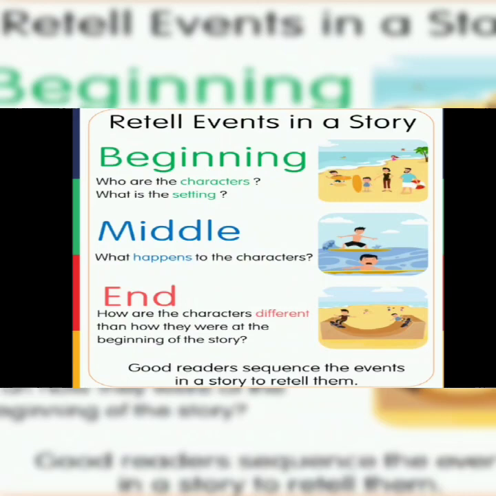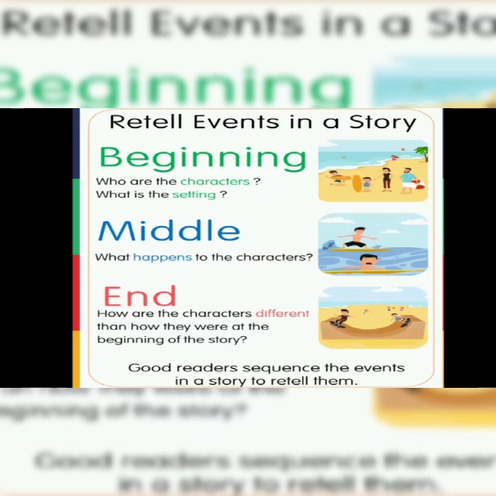In the beginning, always remember that we have to write about the characters, who the characters are, and what the setting is, that means where the story is taking place. What is the location and the land of a story. You have to only mention the character and the setting in the beginning. In the middle you have to write what happens to the characters.